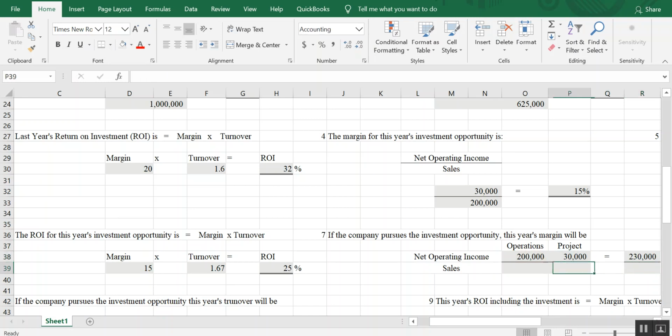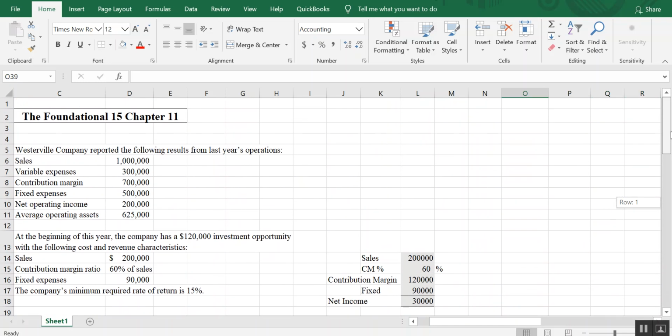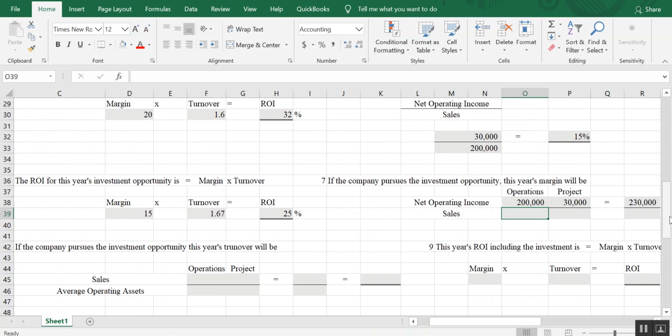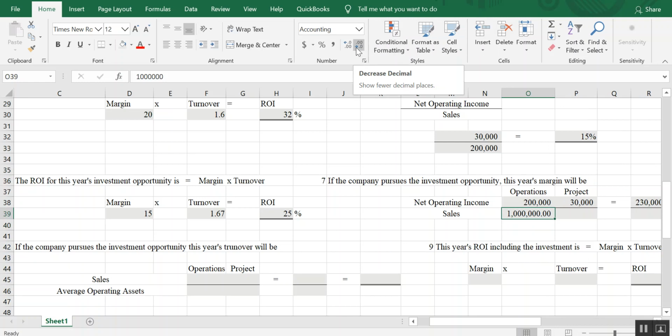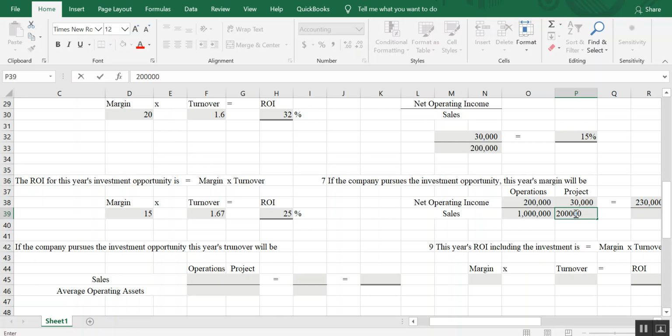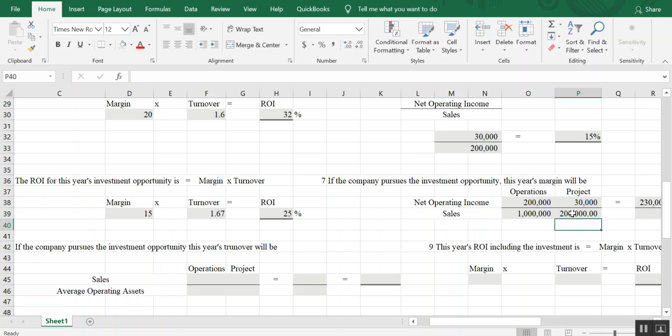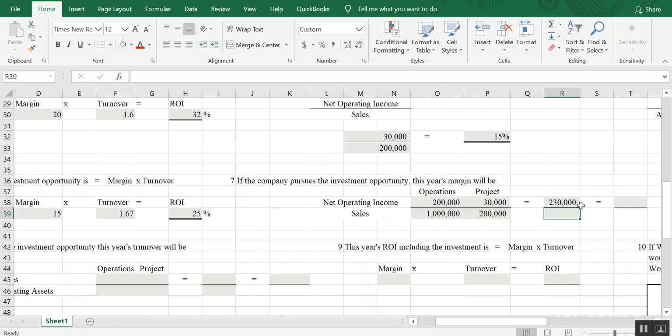For sales, we want to go back to the operations that we had last year, and we're going to use the same number again, $1 million. And then we're going to use the sales for the project, which is 200,000. And we're going to add those together.